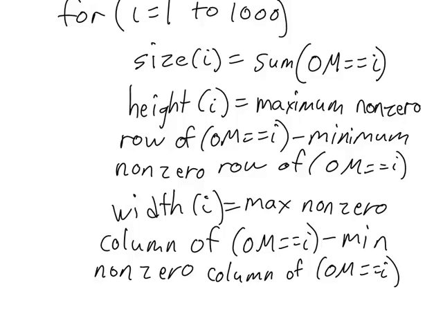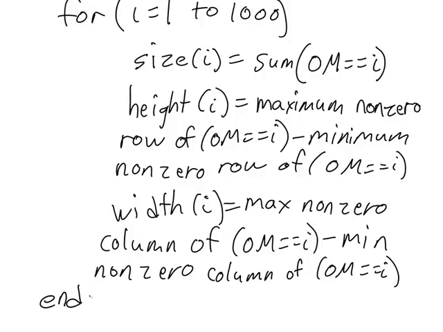In other words, if the first non-zero column of the object matrix is column 3, and the last non-zero column of the object matrix equal to object I is 10, then we would say that the width of I is the difference between those two, 7. And this is the end of our for loop.